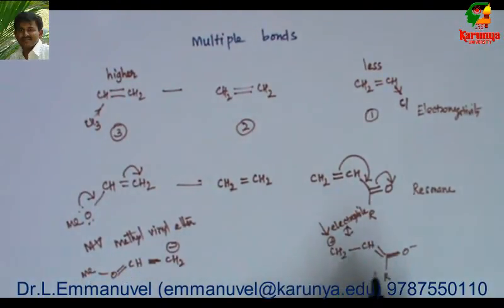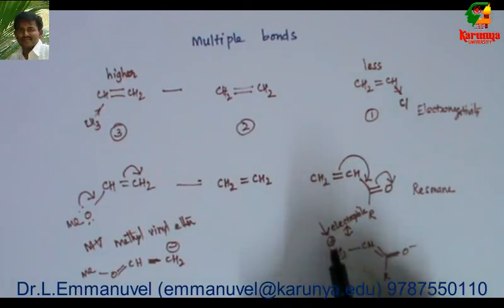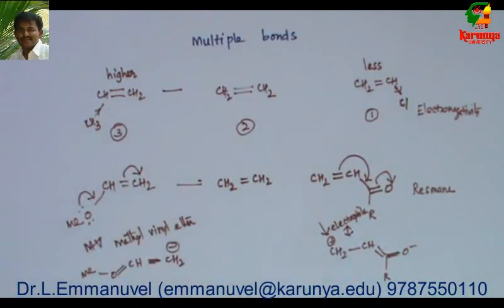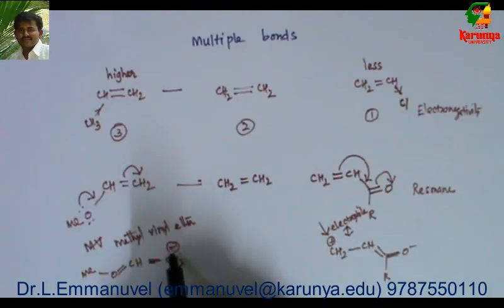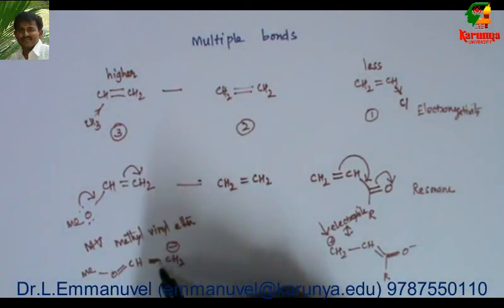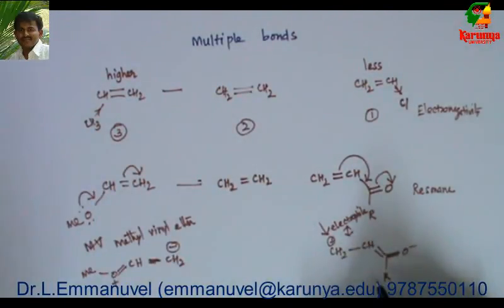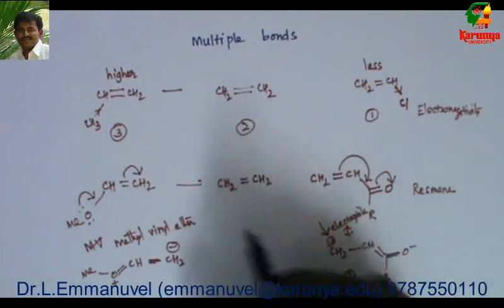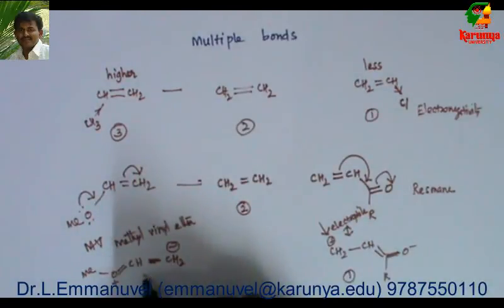It is just the reverse of this. When I attach an electron withdrawing group, I get positive charge there, but when I introduce an electron donating group, I get negative charge on this. So the electron cloud here has increased, but here it has decreased. The order: this will be the lowest one, this is second, and this one third.